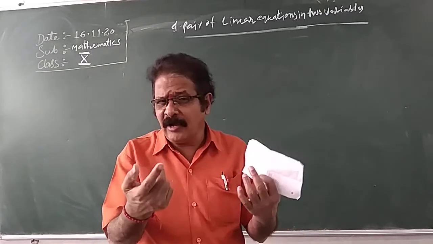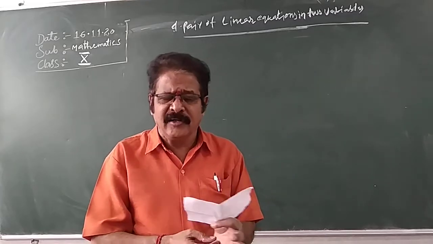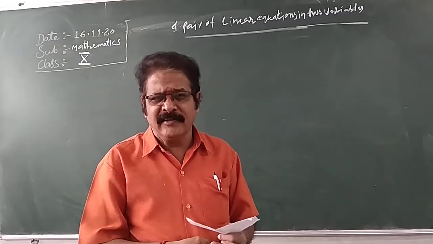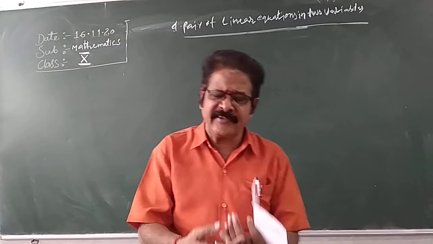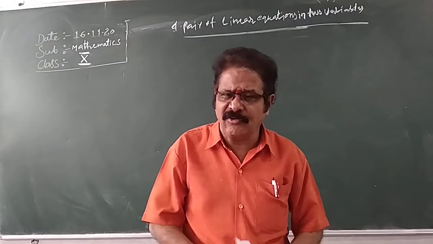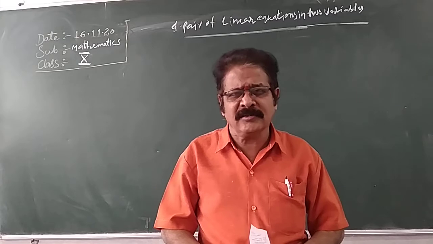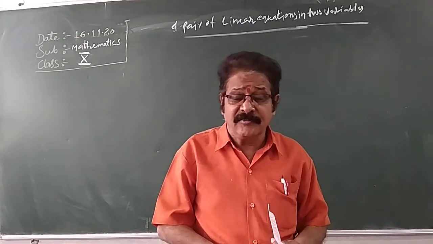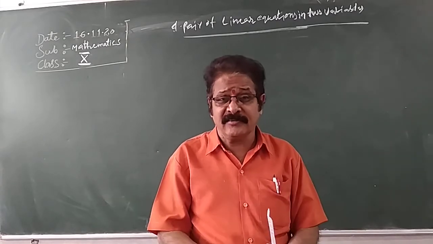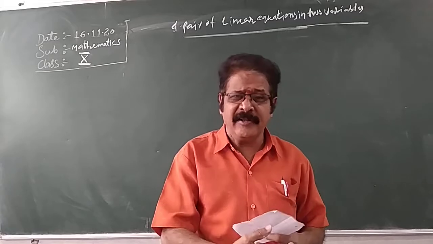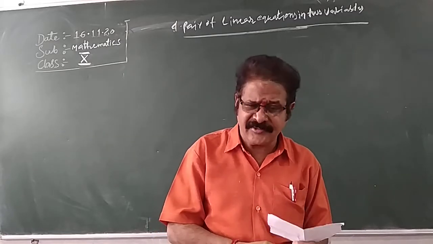We know already, I told you that there are three possibilities for solutions. When the two lines intersect, they have a unique solution. Such lines are consistent. If they don't intersect, they are parallel, which means no solution, so they are inconsistent.